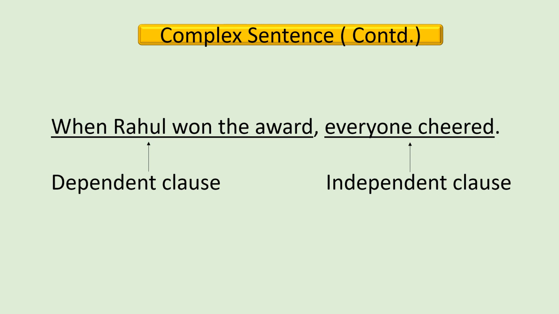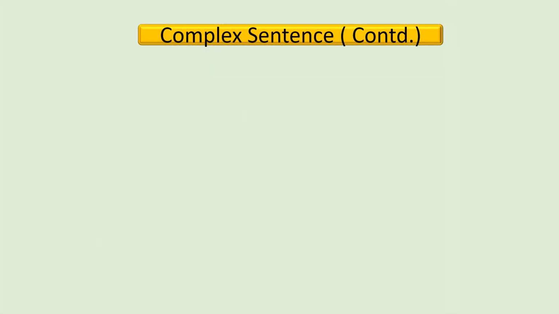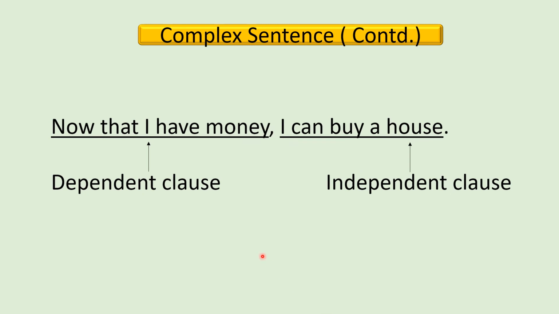Let's see one more example. Now that I have money, I can buy a house. So which is your independent clause? I can buy a house. Complete sentence. It's giving me a complete idea. However, this one is your dependent clause: now that I have money.